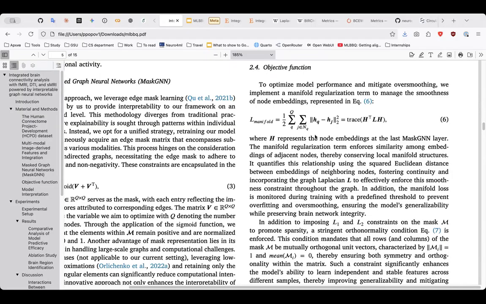Well, to understand this, you need to understand how graph Laplacian works. I think that's just too long to explain. It's like a characteristic of a graph, which measures adjacency.